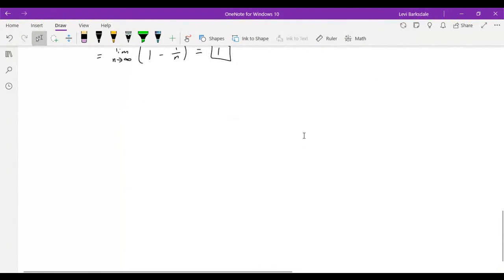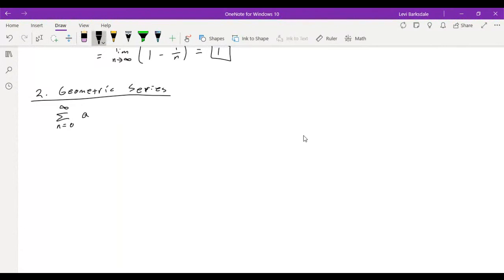Okay, and geometric series are actually going to be another kind of series where we can find the exact sum, which isn't the case for most series. Basically, a geometric series has the form sum from some starting value to infinity of a coefficient a times some ratio r to the power of n.